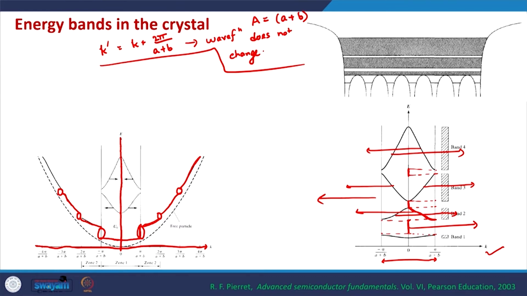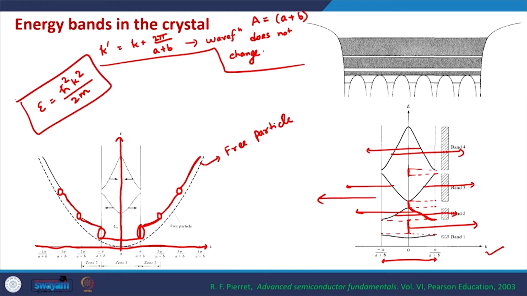Okay. Along with this, there is a plot of the E-k relationship for a free particle as well. If you recall from one of our previous discussions, for a free particle E is related to k as h bar square k square divided by 2m.